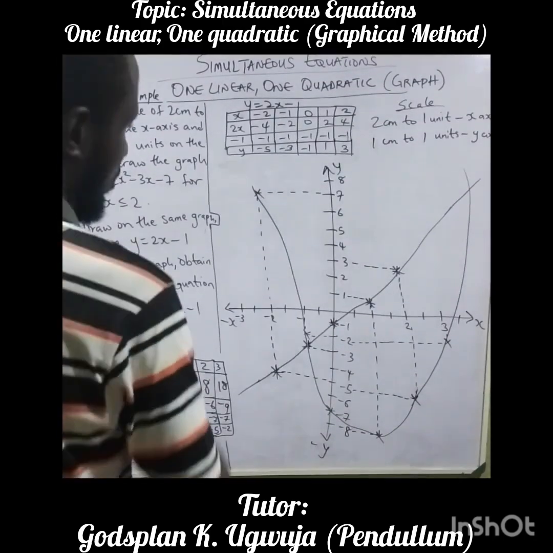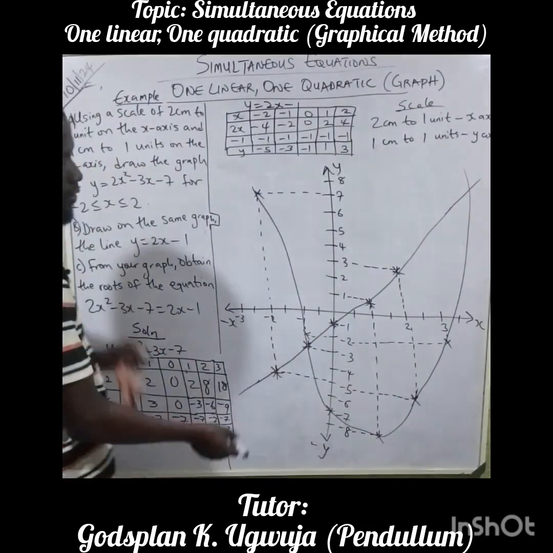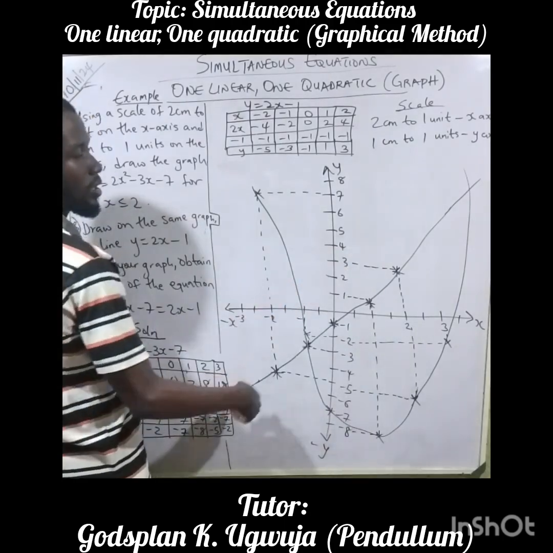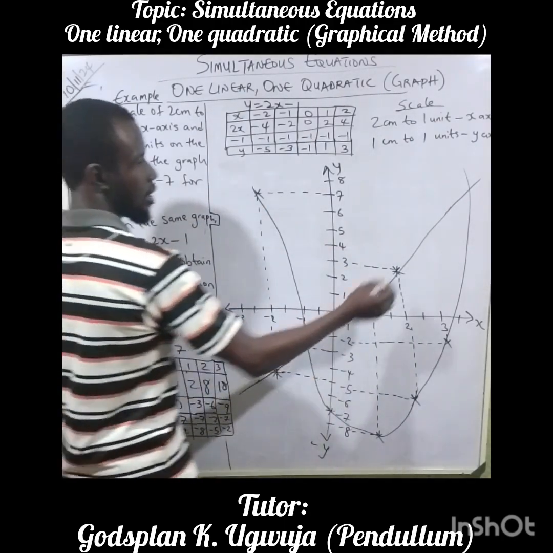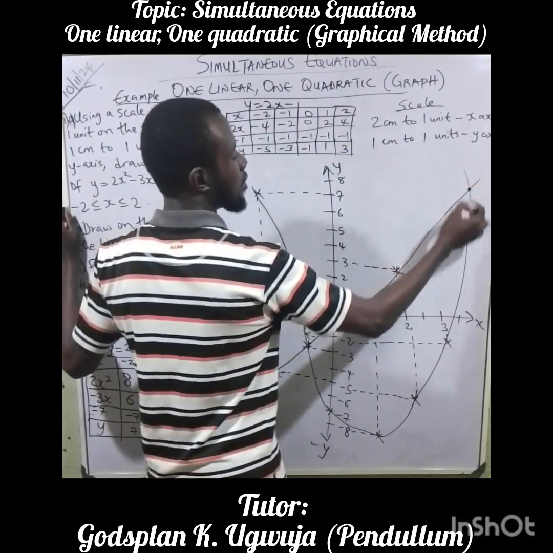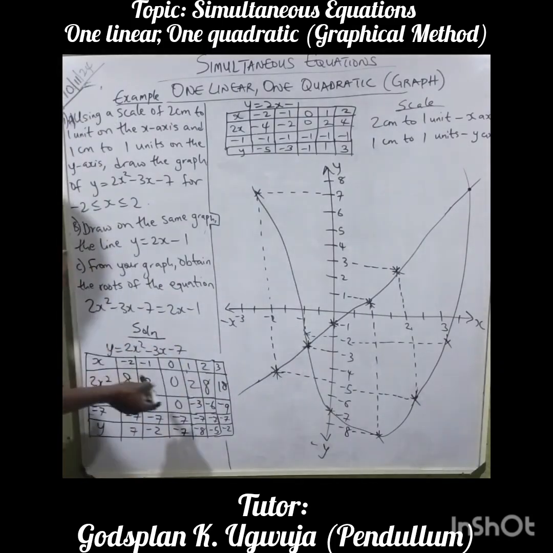Okay, so let's go on. Obviously, we can see that the line and the curve intersect here and here. Now if you want your own to be more accurate, then you're still going to need to extend this table more.